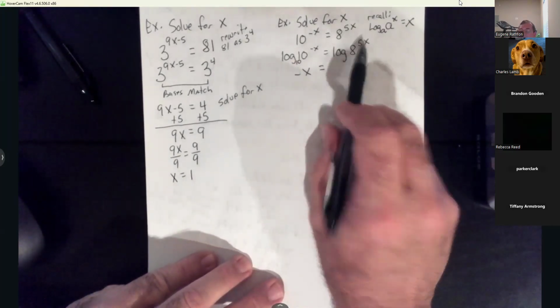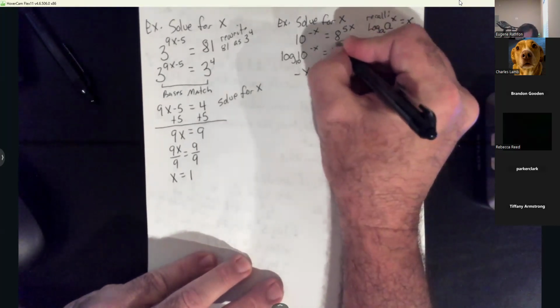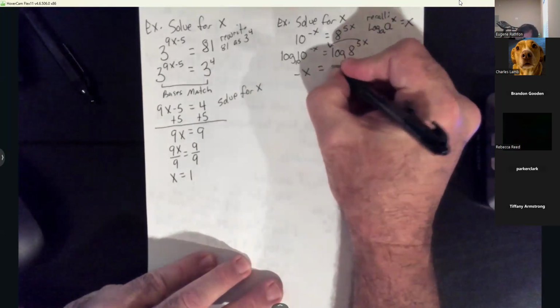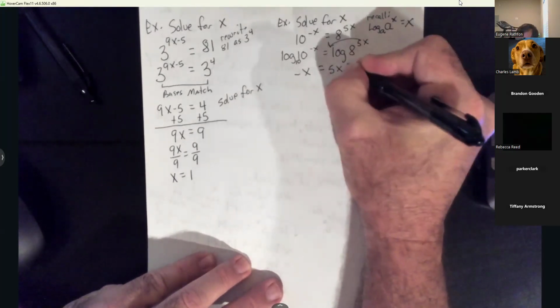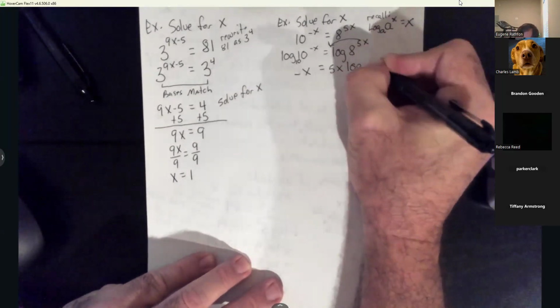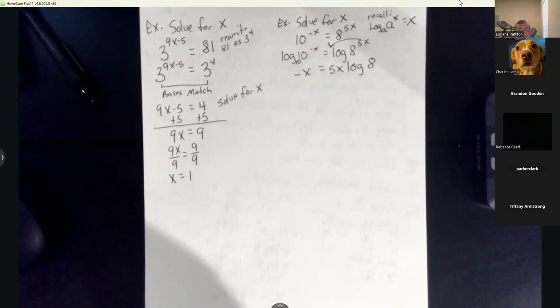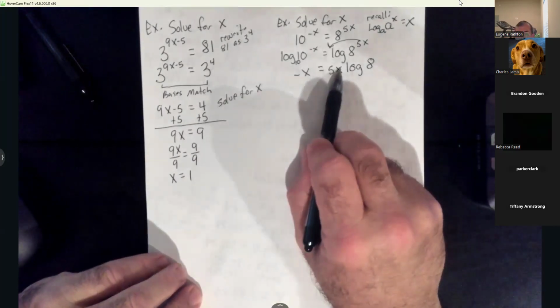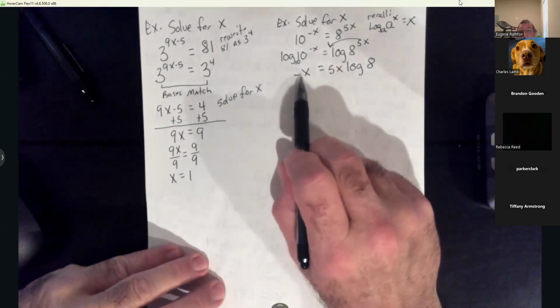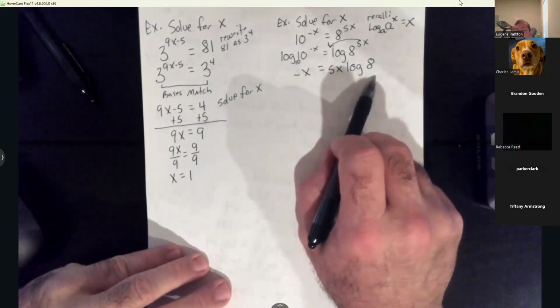Now the right side, I'm going to bring down that 5x so that I get a 5x times log 8. All right, so my next step, I got an x on this side, an x on this side. I'm going to get all the x's on one side.